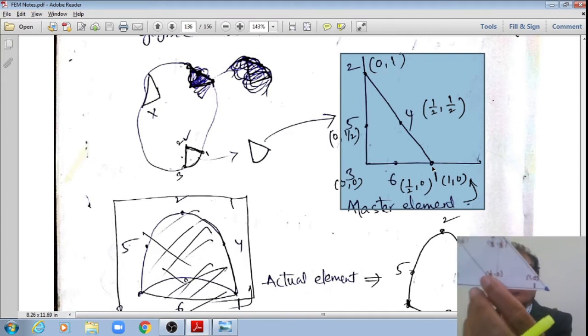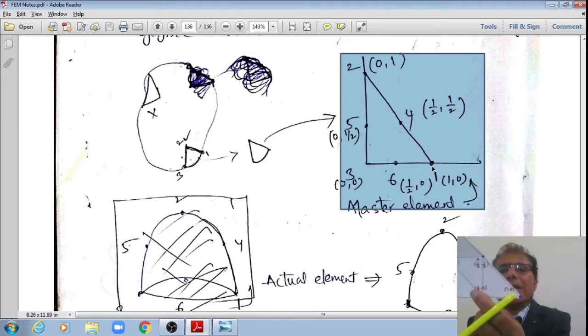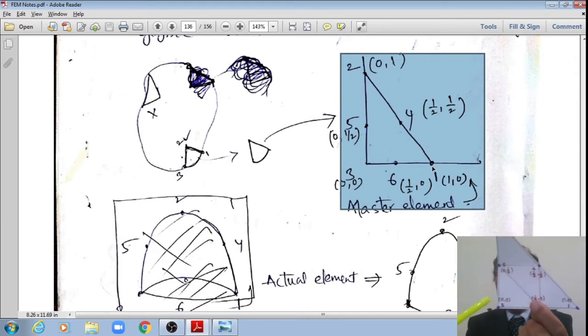That is how my master element has node 1 along the local coordinate z axis, with local coordinates 1, 0, node 2 at 0, 1, and node 3 at the origin 0, 0, and mid-side nodes 4, 5, 6.